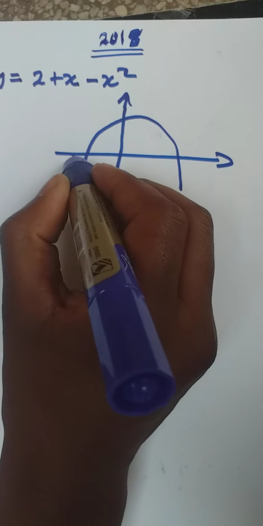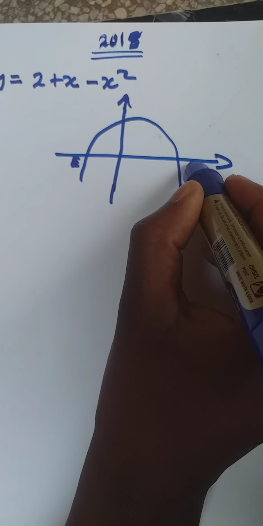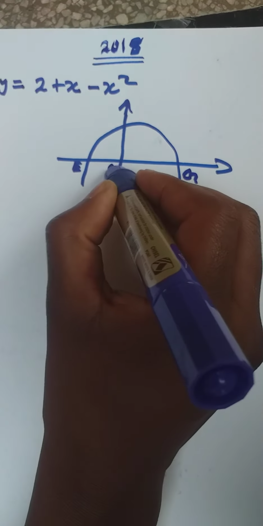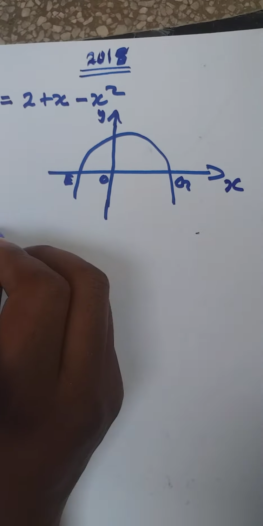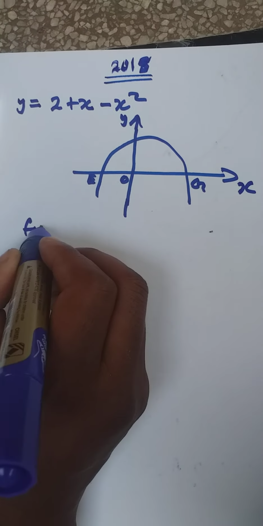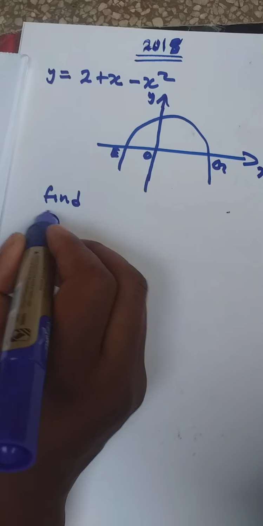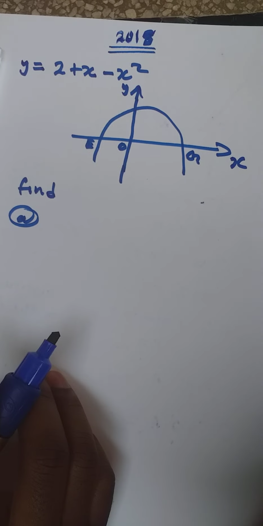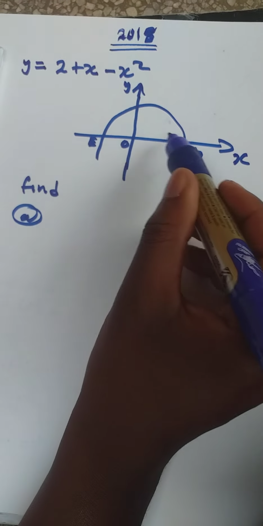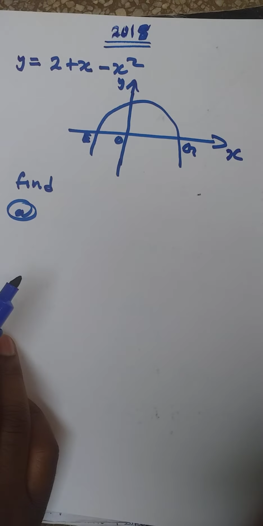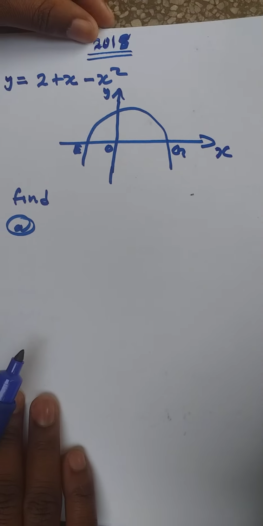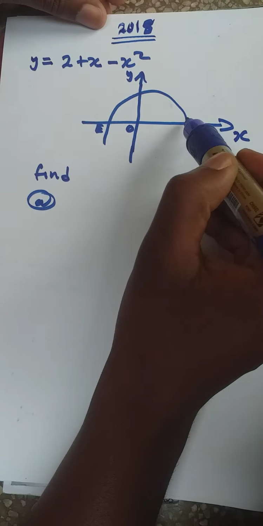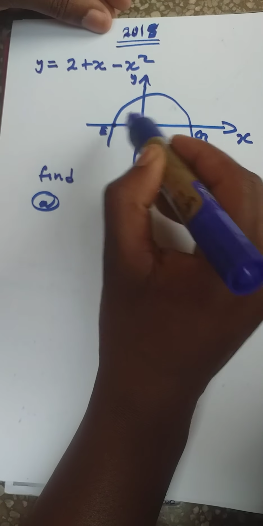So we have points E, G, and O. This is y, this is x. The question says, part A, we want to find the coordinates of E and G. It's the same as in the question for 2017 that we solved, simply where the curve we have been given is cutting the x-axis.